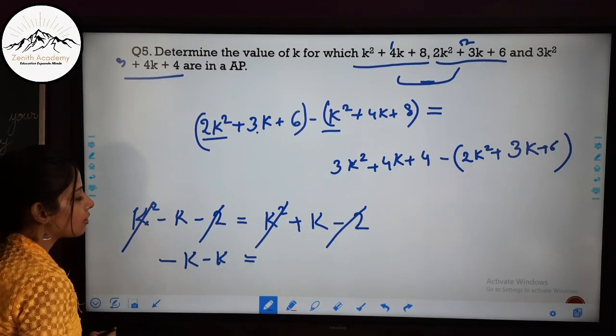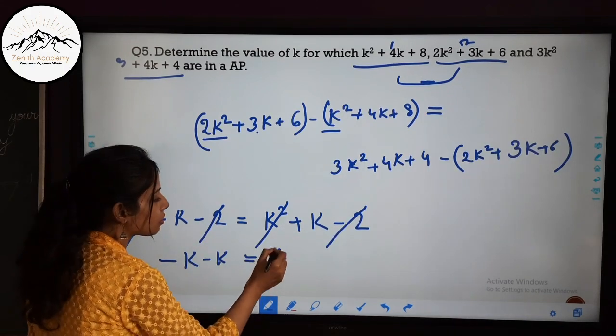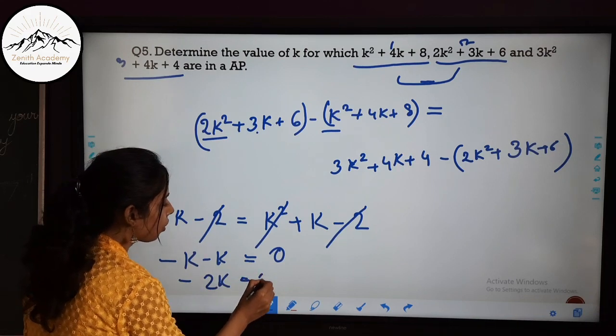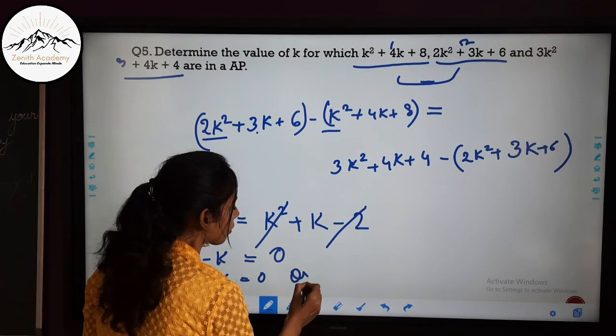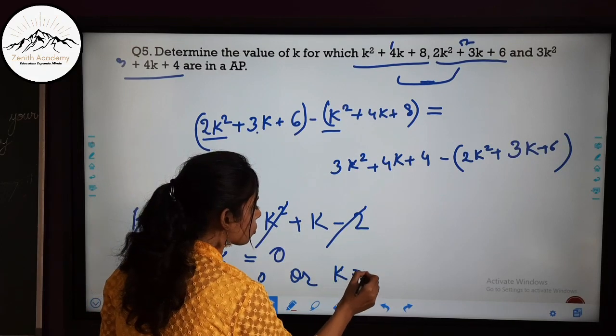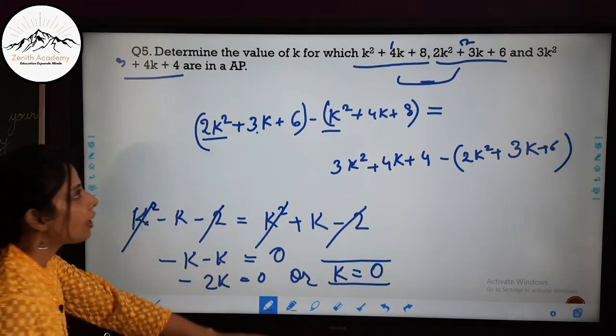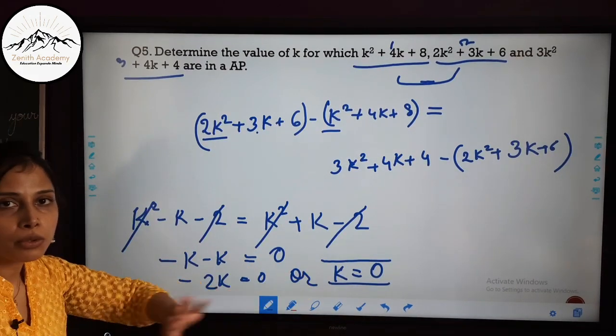So shifting k to the other side, minus k equals 0. This means minus 2k equal to 0, or k is equal to 0. This implies the value of k will be equal to 0.